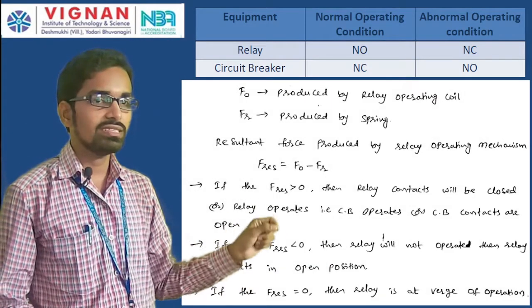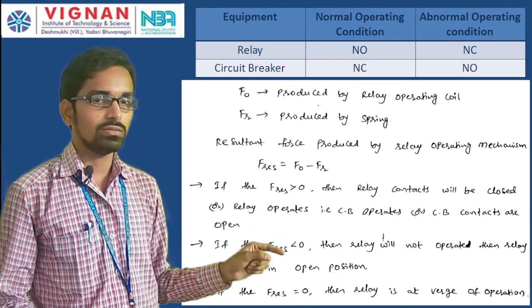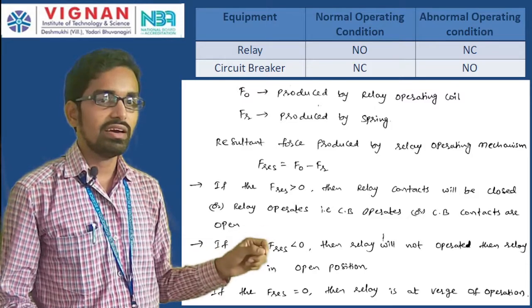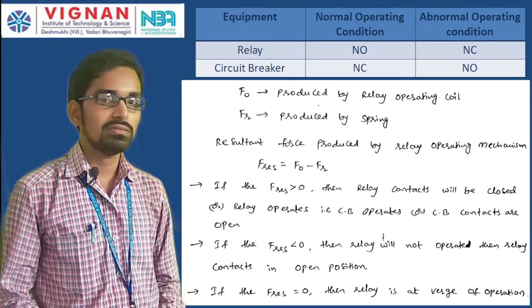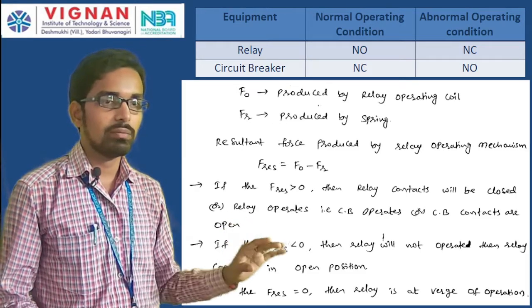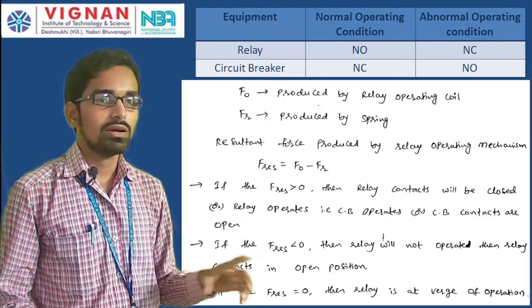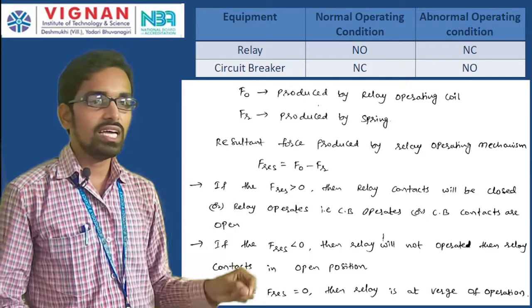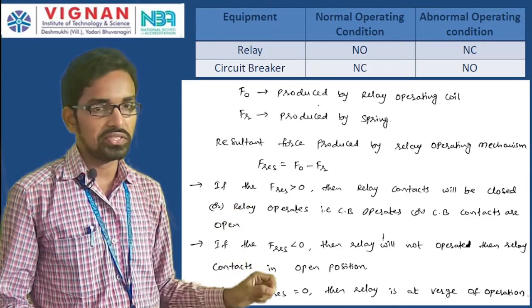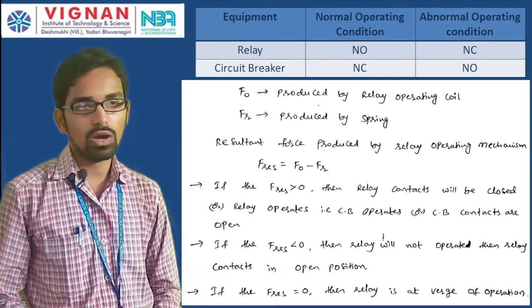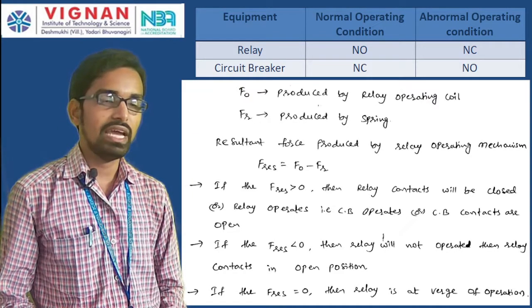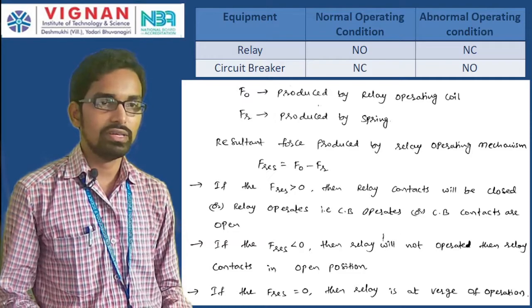If F resultant is less than 0, the relay will not operate, the relay contacts are in open position, and the circuit breaker contacts remain closed. If F resultant is equal to 0, the relay is at the verge of operation. It cannot decide whether to operate or not, and finally it does not operate.